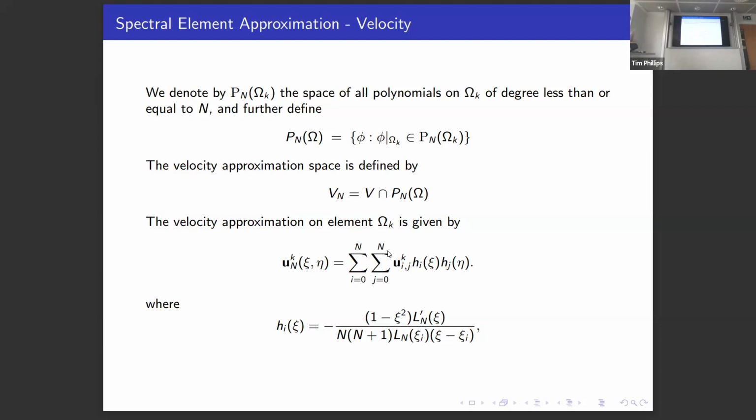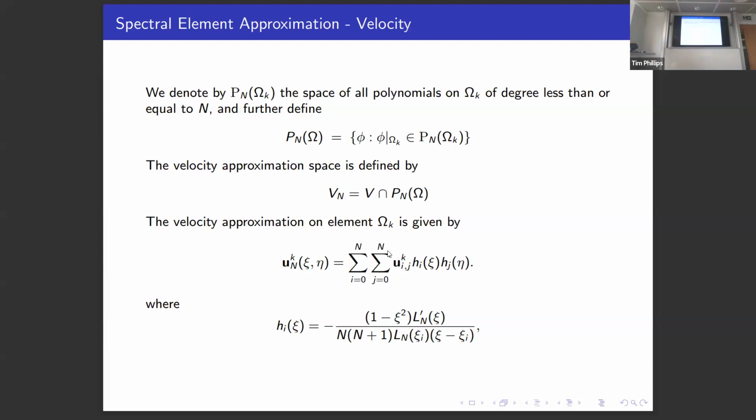And these are going to be polynomials of degree less than or equal to n. And then we choose the velocity approximation space to be the intersection of the continuous velocity space and this space of polynomials. So these polynomials in B_n will be continuous across element boundaries because they belong to H1, but the derivative in general will not be continuous across the boundary, although asymptotically we do get continuous first derivatives.